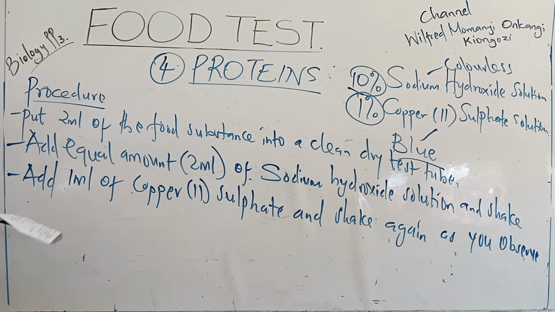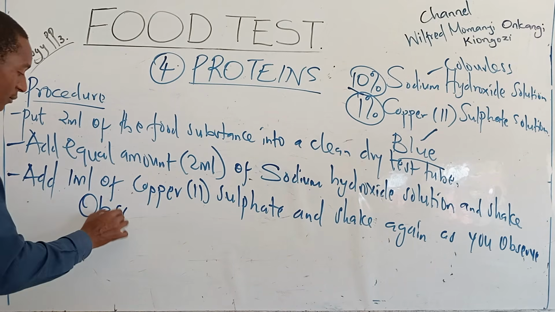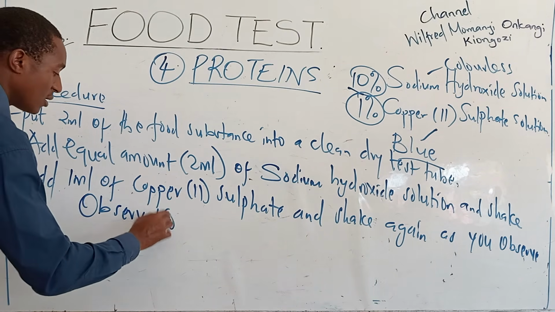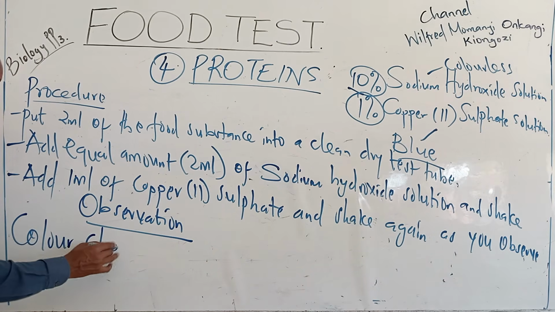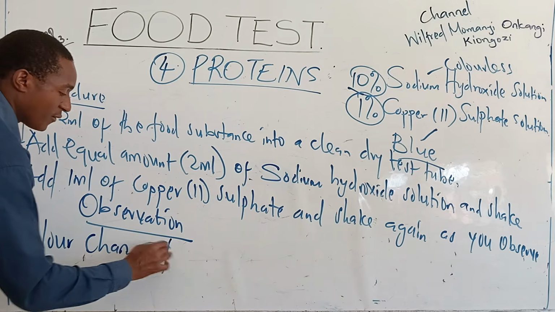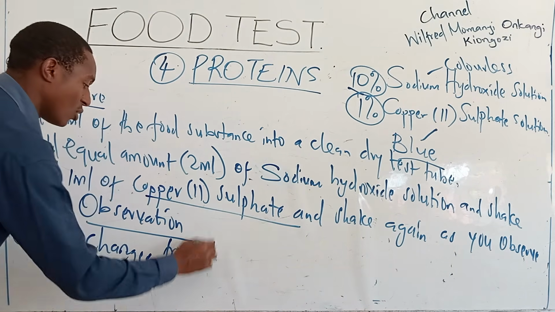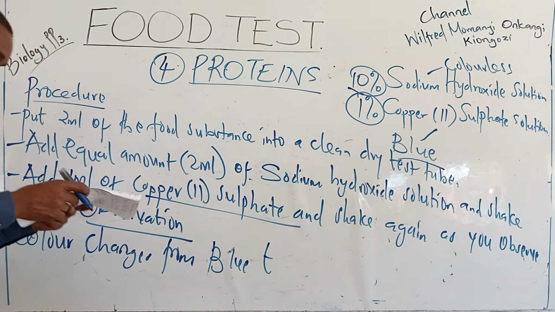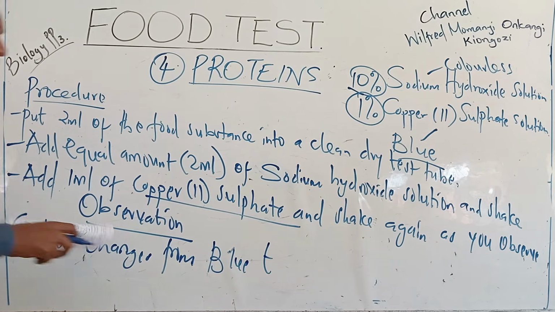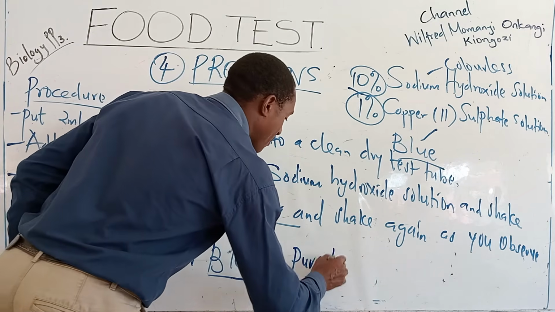So the observation, if proteins are present: color changes from the background color, that is of copper 2 sulfate, blue, to purple.